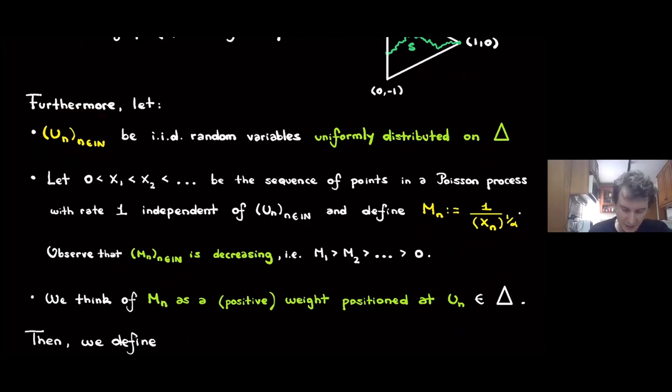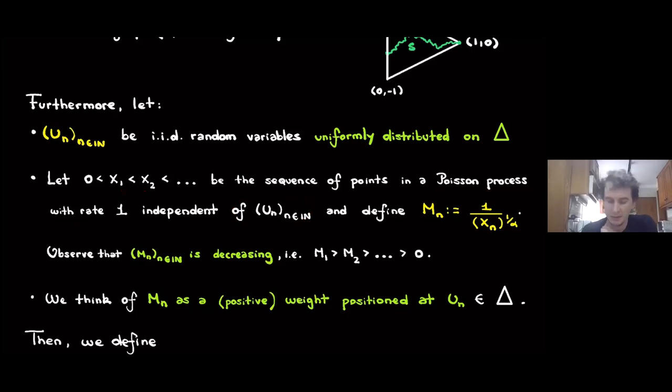And then the random variables Mn, I'm going to define as follows. First, I'm going to take a Poisson process with rate 1, which is independent of this sequence of the Un's, and I'm going to order the points of this Poisson process in increasing fashion, so x1, x2, x3, and so on.